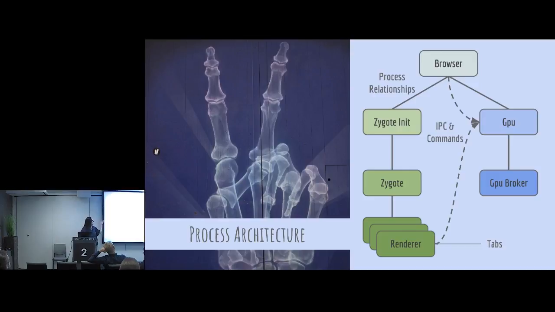And it will make two children, what I call Zygote init, and this GPU process, and those will again make other child processes. And at the bottom there, you see the renderers, which are roughly equivalent to a tab. The solid lines are the process relationships, but the dashed line shows that there should be dashed lines everywhere, because there are massive amounts of communication that is done. But in this case, you can see that both the renderers and the browsers need to communicate to the GPU process.